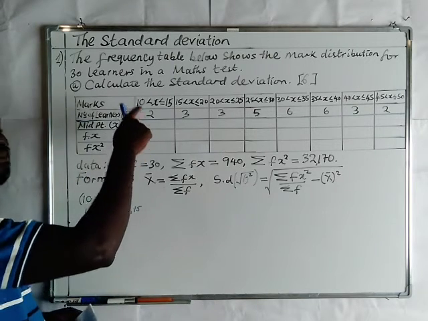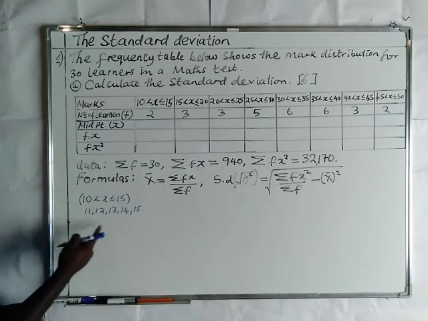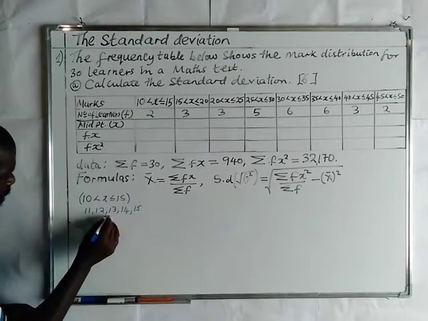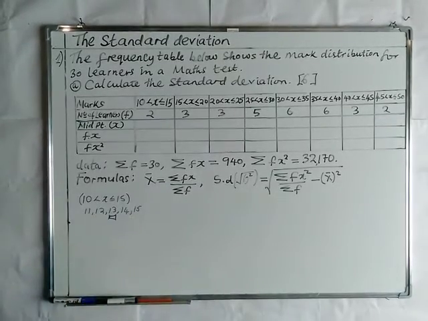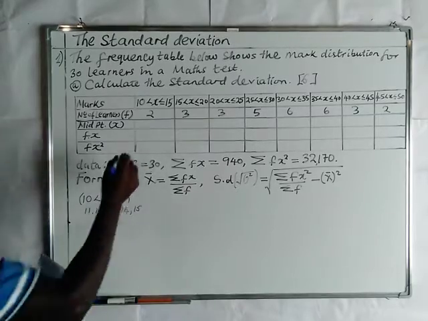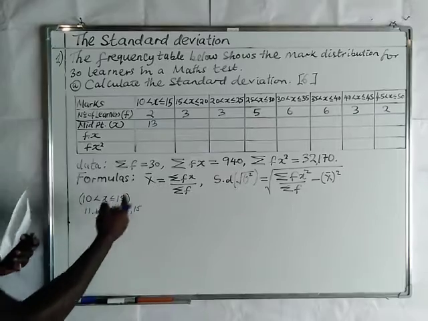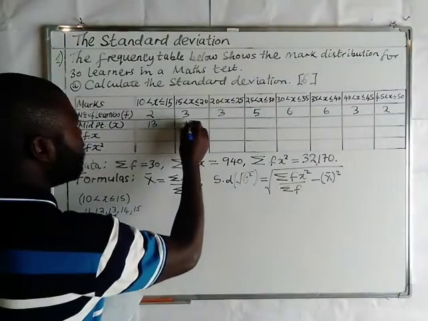So we need to find the midpoint of this class. You can see 11, 12, 13, 14, 15. The midpoint should be the number in the middle of all those measures that this class covers, which is 13. So our midpoint here is 13. When we do the same for the next class, we shall find our midpoint will be 18.